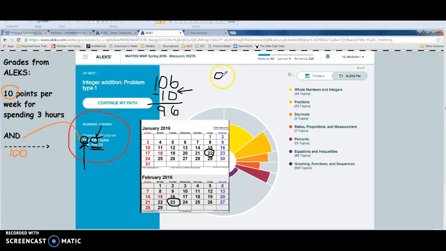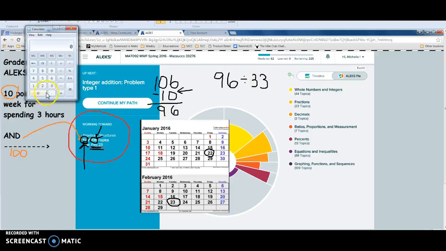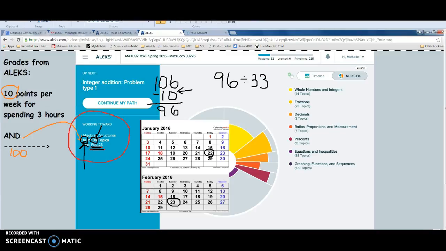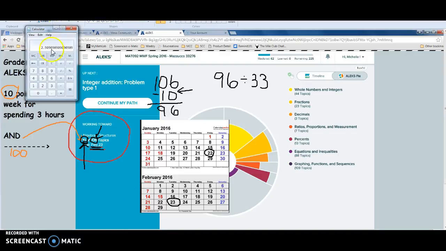So if we take 96 and we divide it by 33 days left until the first test, 96 divided by 33, this number here tells us how many topics we should do every single day until February 23rd if we want to have 100% for homework.